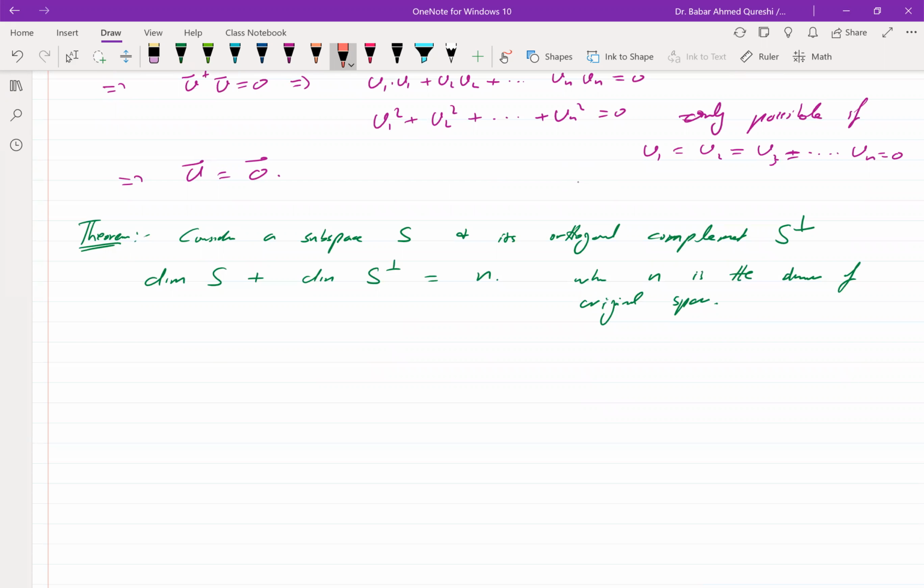Again, we saw that in R3, if I consider this space, its dimension is 2. Then the orthogonal complement has dimension 1.